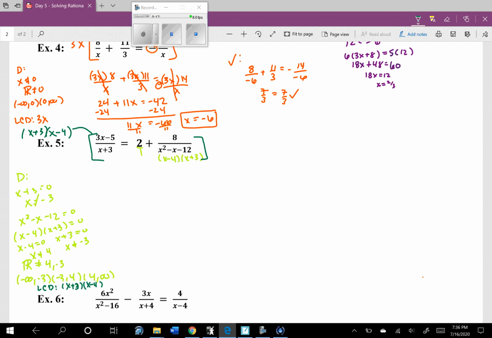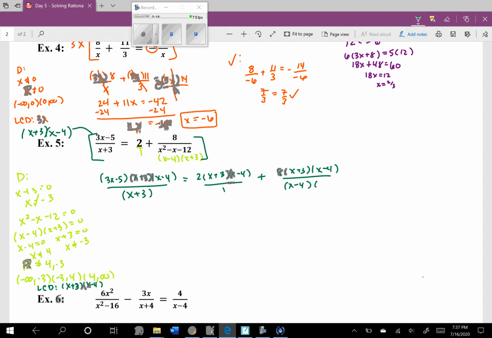So we get (3x minus 5)(x plus 3)(x minus 4) over (x plus 3) is equal to 2 times (x plus 3)(x minus 4) over 1 plus 8 times (x plus 3)(x minus 4) over (x minus 4)(x plus 3). It doesn't matter what order you write that in. So here this cancels out, nothing cancels here, and here both of these cancel out.